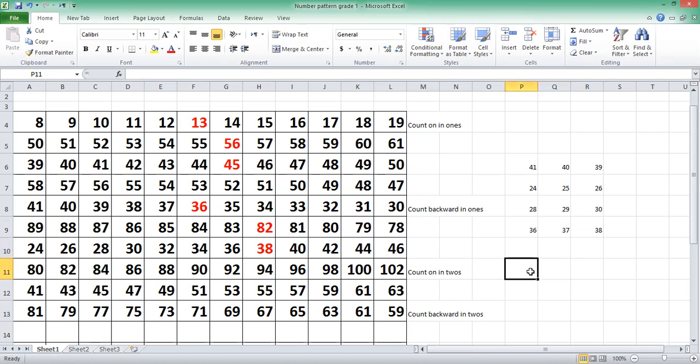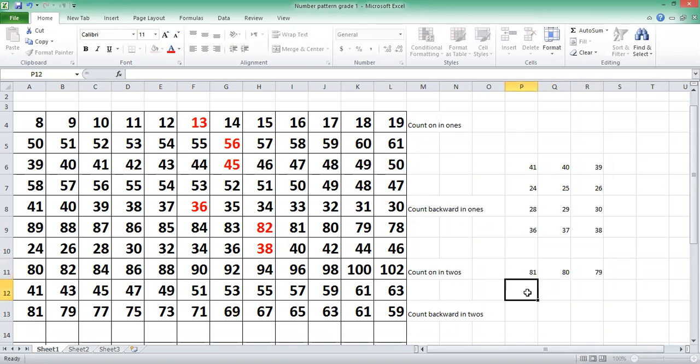If I count back from 79, it will be 78, 77. So look here, this is 79. Let's suppose if I count back from 81, it will be 80 and then 79.